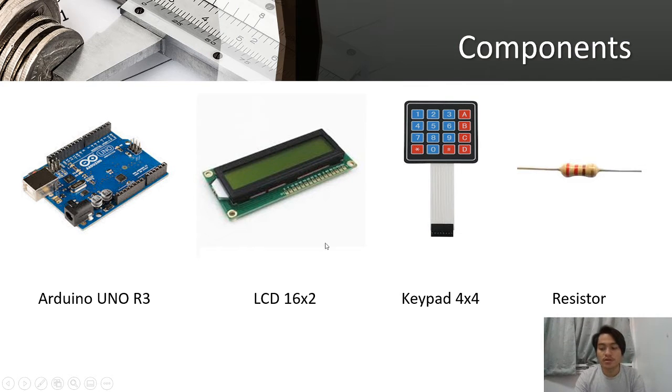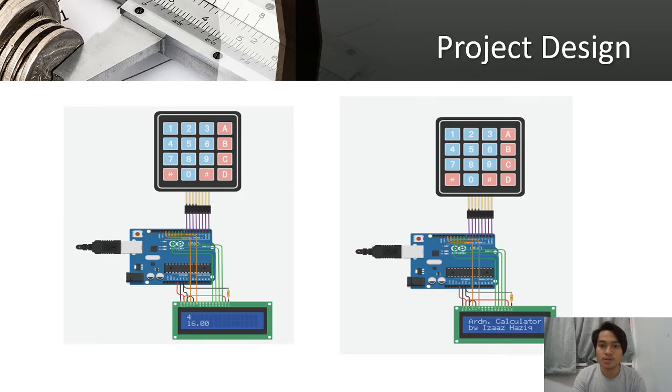And these are the main components that we use in this project: firstly the Arduino Uno R3, an LCD 16x2, a keypad 4x4, and the resistor we use here is 330 ohms. And this is the project design.